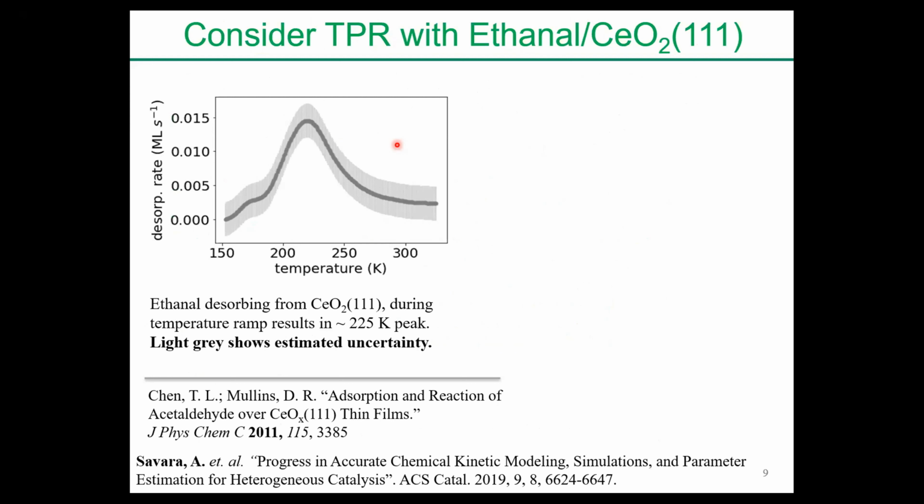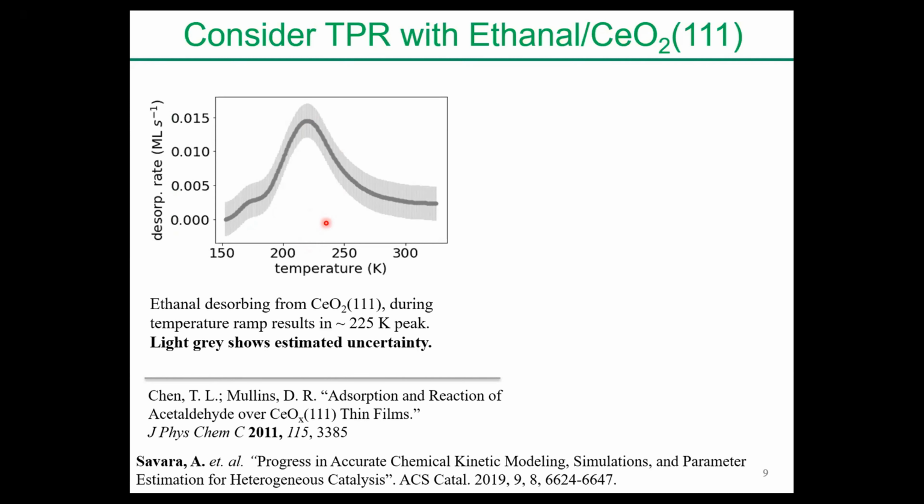Now to look at a specific case, here's a case with ethanol desorption from cerium oxide. As before, there's a peak. We have a maximum around 220 Kelvin in this case, and this particular peak is too broad to be described by a single first order reaction with a single activation energy.